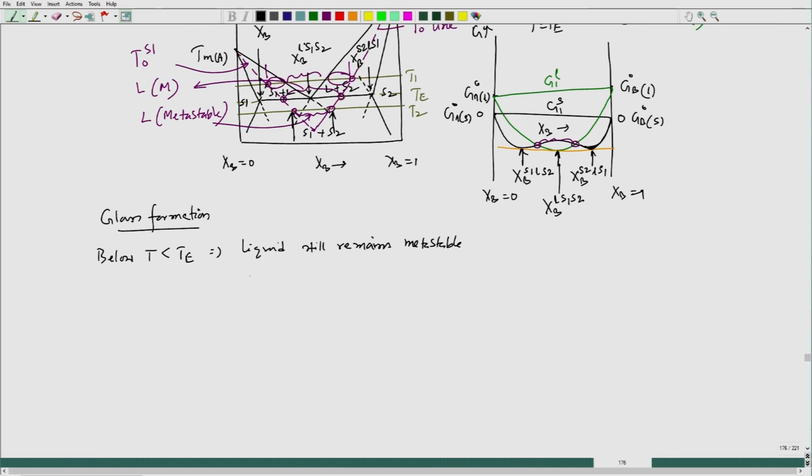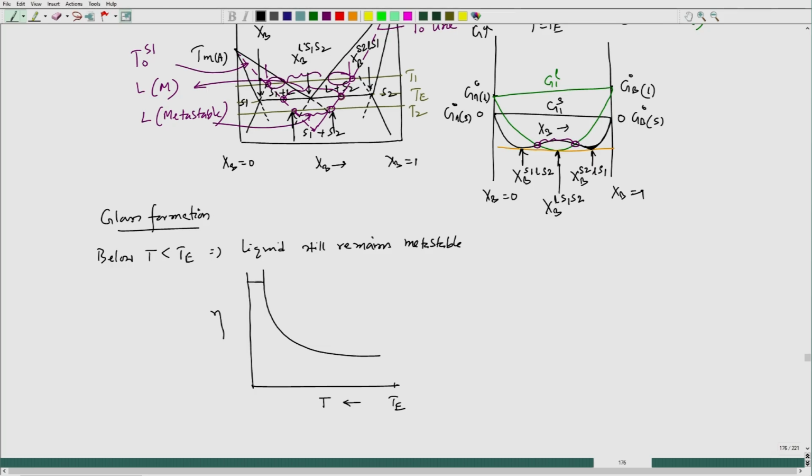For example, if I try to cool a liquid, and this is the viscosity and this is temperature, I cool down from the melting point, and here it is T e. Let us say I have taken a composition equal to the eutectic composition. Now, if I cool it, the viscosity change would be like this.